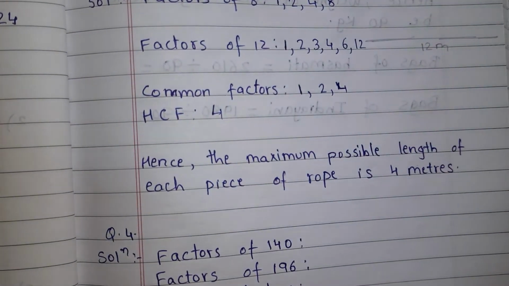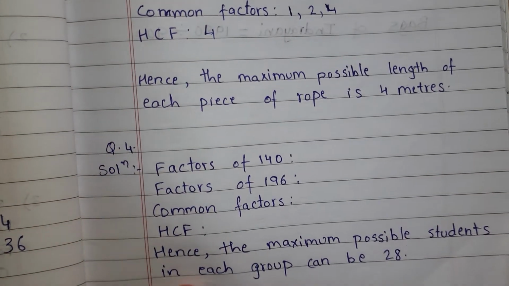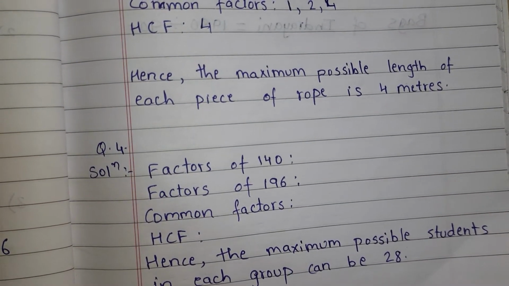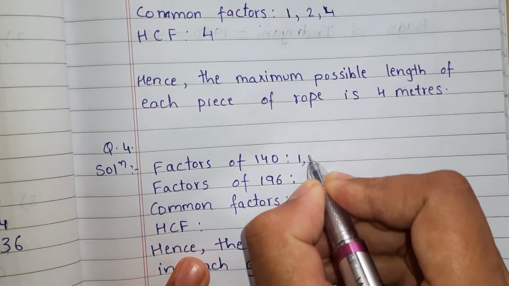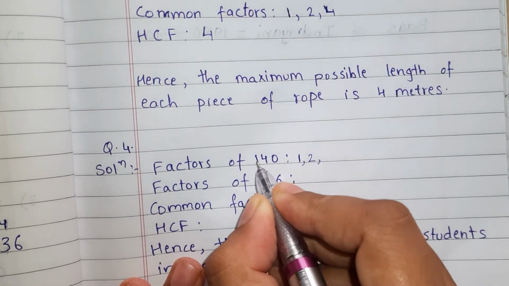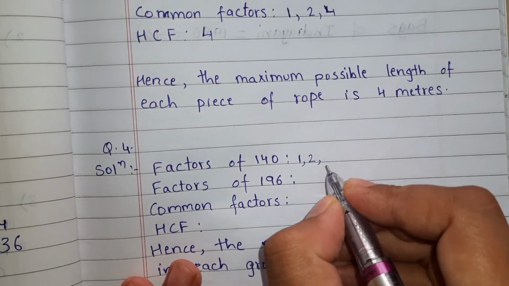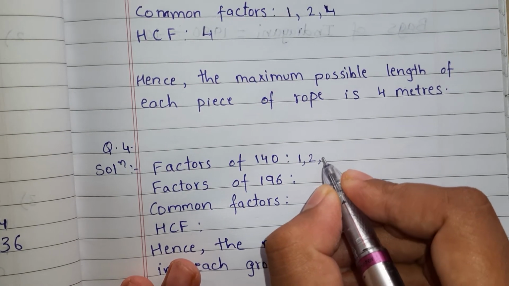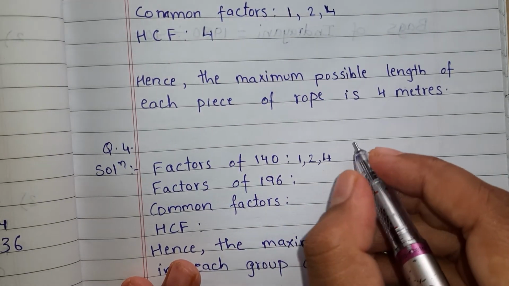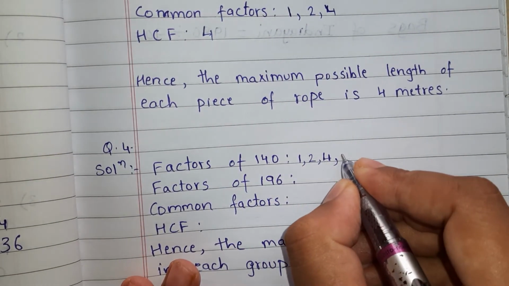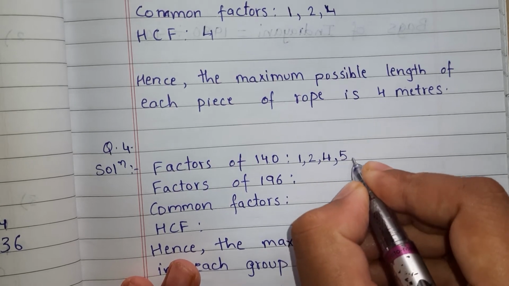Understood. So let's find the HCF first. So factors of 140. First factor is 1, 2. 4 plus 1 is 5, so 3 is not a factor. Then 4, because the last two digits are divisible by 4. Then the last digit is 0, so 5.